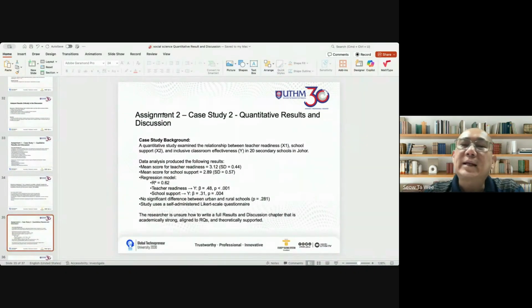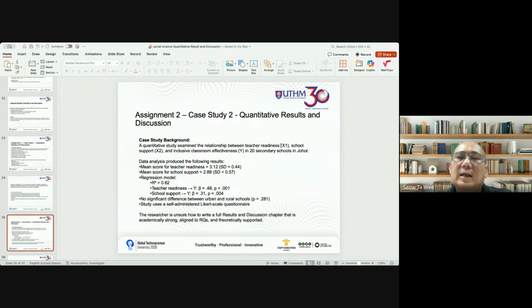The second case study is a quantitative analysis. For a quantitative analysis, a study examines the relationship between teacher readiness, X1, and school support, X2, and then inclusive class effectiveness, Y, in 20 secondary schools in Johor.